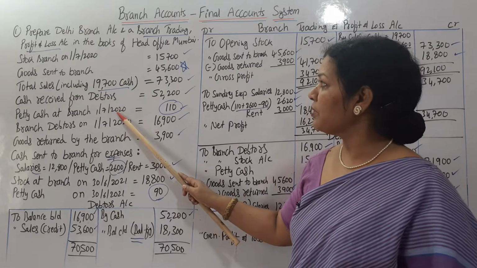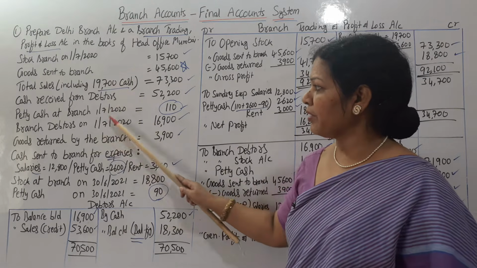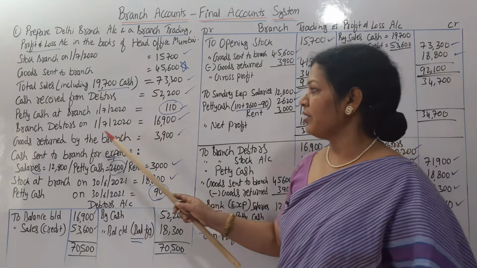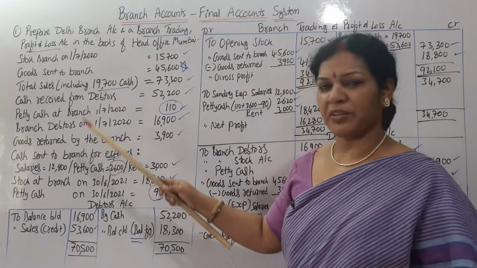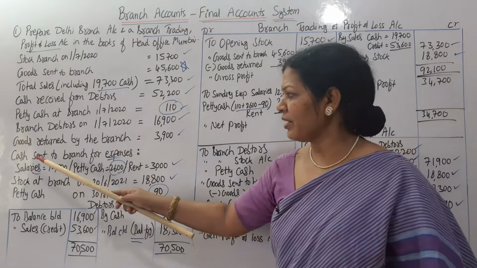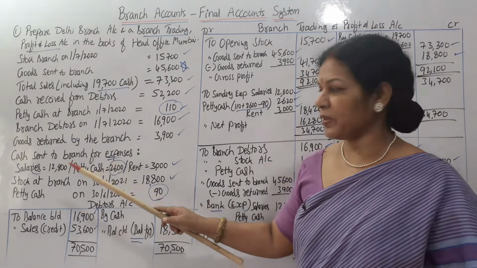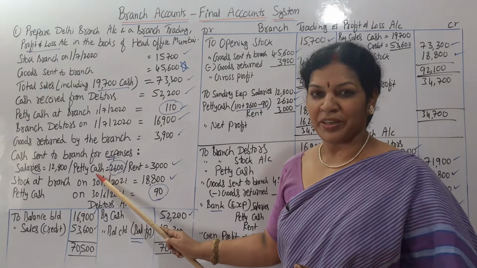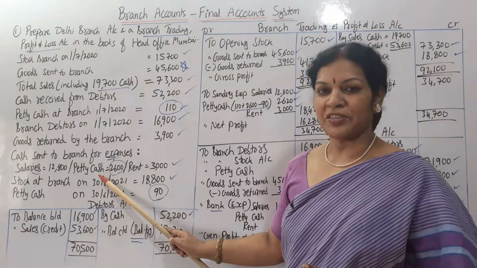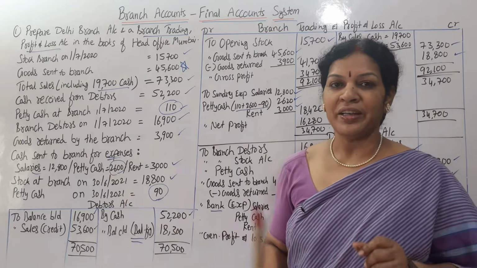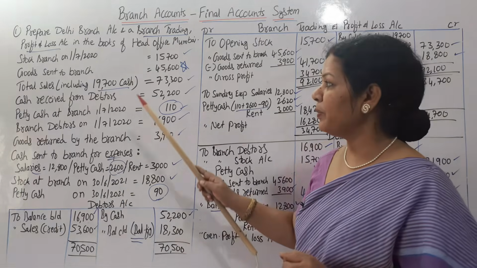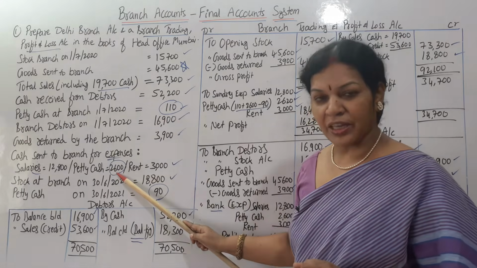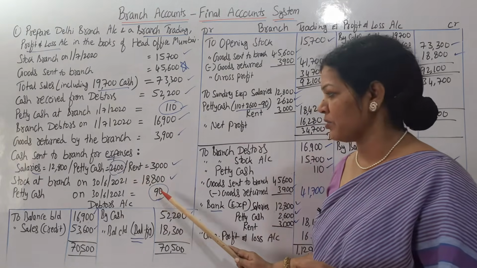Petty cash. This is opening balances. Opening balances means branch account debit side we have written, and also goods returned by the branch that we have deducted anyway, and cash sent to the branch for expenses, these three expenses. Only petty cash, be careful. When we are writing the petty cash transaction in the profit and loss account, it is opening petty cash 110 plus actual expenses minus closing.